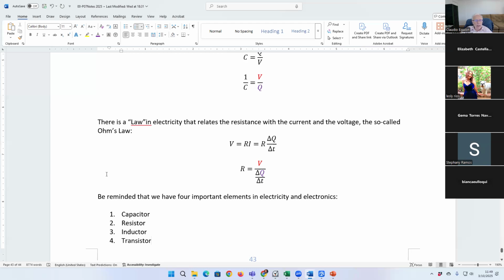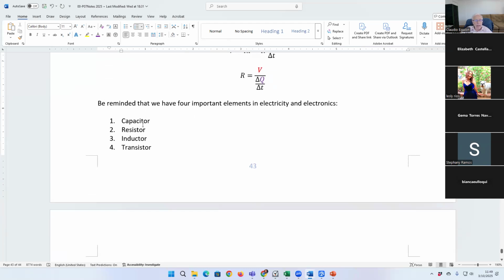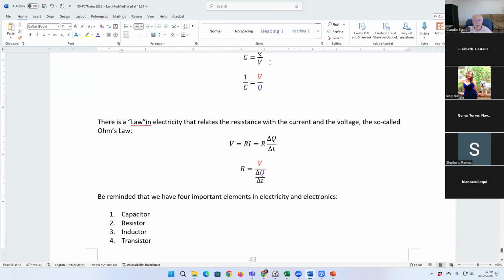And look what we are getting, the incapacitance is directly proportional to V, so is the resistance, right? The incapacitance is inversely proportional to Q, and so is the resistance, right? And this type of pattern, we are going to find with the inductor as well later on.